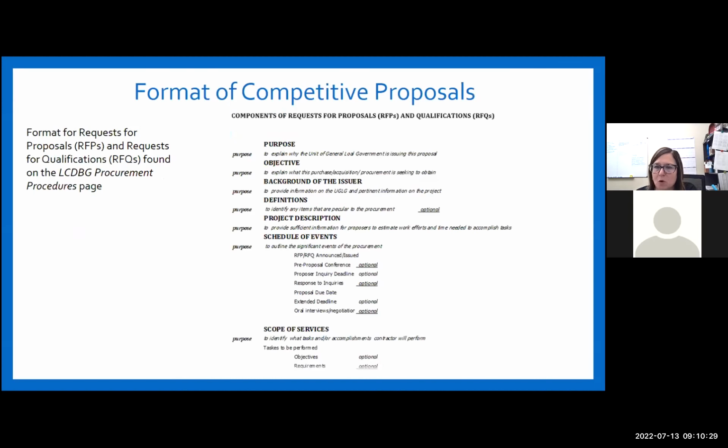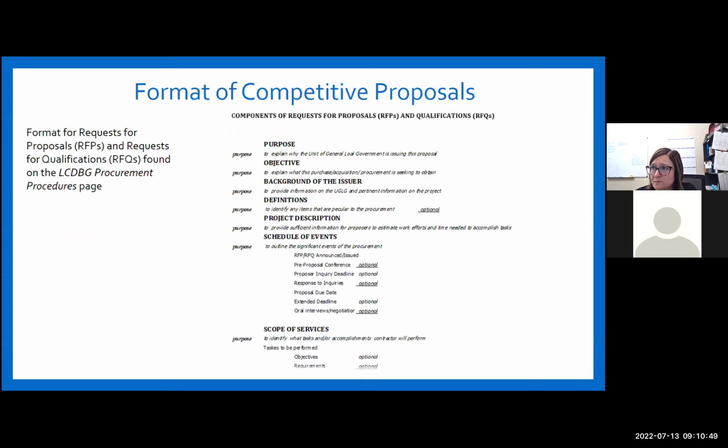So here's the format for the competitive proposals. You can use this format for both RFPs and RFQs. We have this in a handout. If you want a copy of it, I'm happy to send it to you.